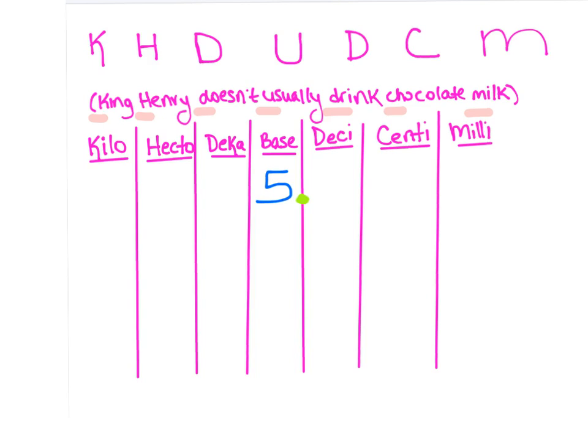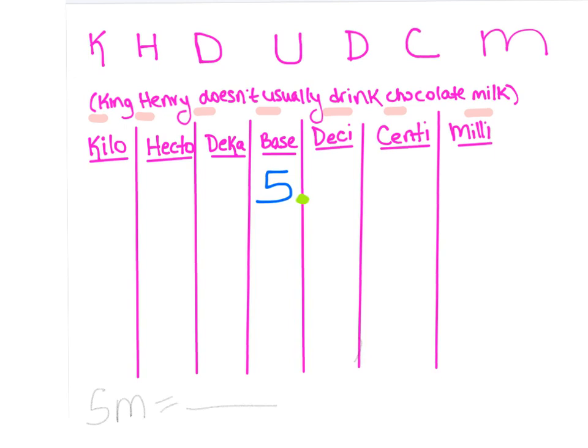So what I'm going to do now is I'm just attempting to change the pencil here so that I can write a little more clearly here. So I have the 5 in the base unit. So I'm looking at 5 meters is really what I'm starting out with. I'm looking at 5 meters.